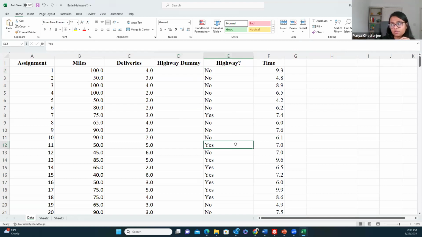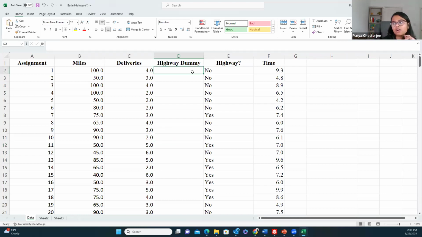And if my highway variable is yes, then give me 1. So I want to write a code which tells me that if the assignment does go through highway, then give me the number 1 for the dummy. If it does not go through highway, then give me the number 0. Every time we create dummies, we're going to create zeros and ones. How you create them depends on the problem or your categories of variables.